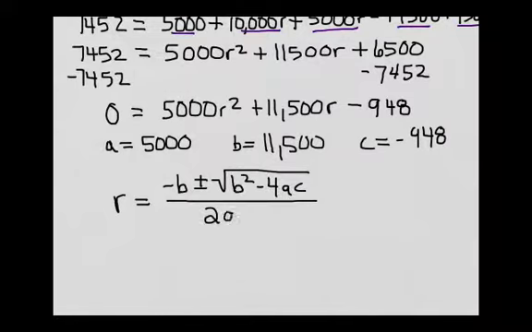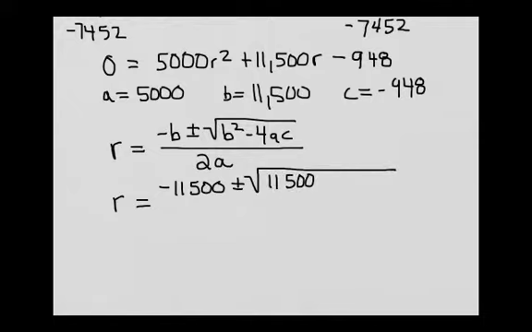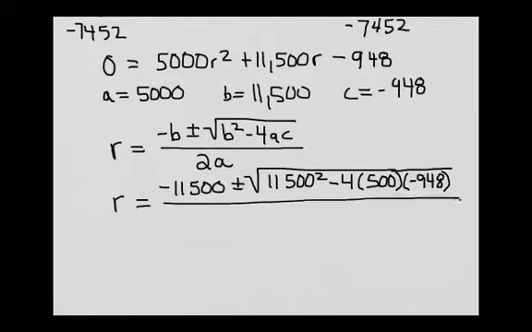And as we substitute in the values, we're going to get R is equal to negative 11,500 plus or minus the square root of 11,500 squared minus 4 times A, which is 5,000, times C, which is negative 948, and that's all going to be divided by 2 times 5,000.